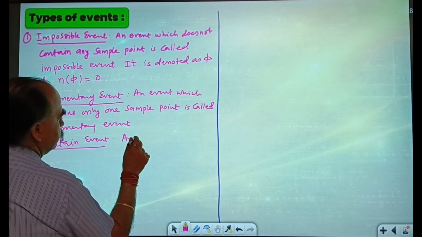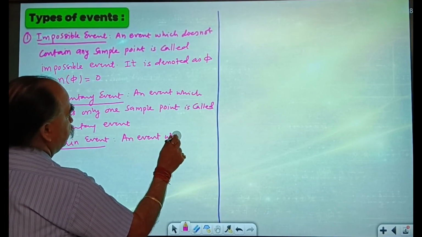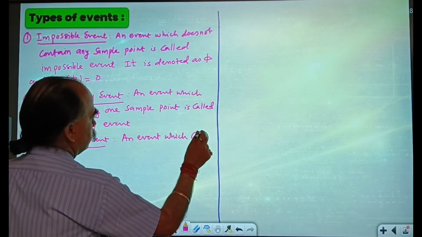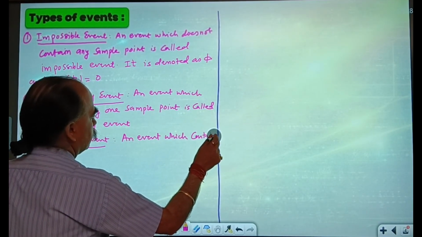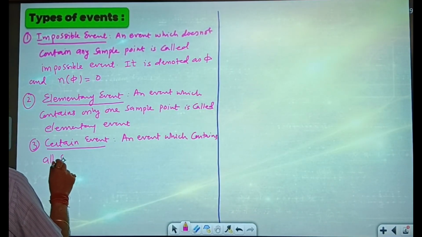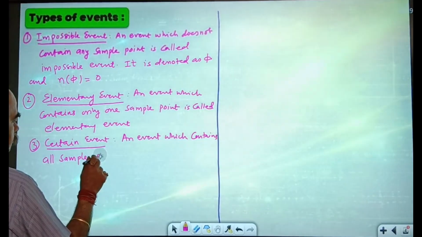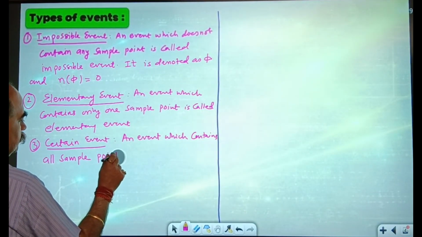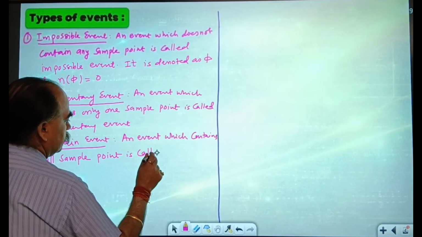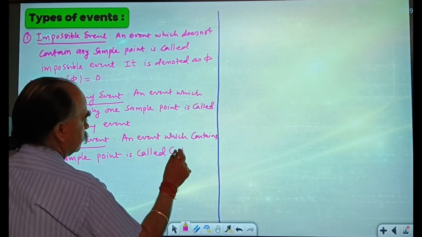An event which contains all sample points is called a certain event.